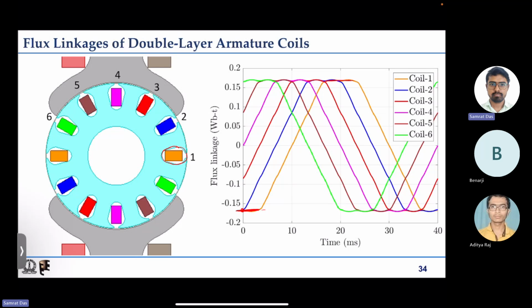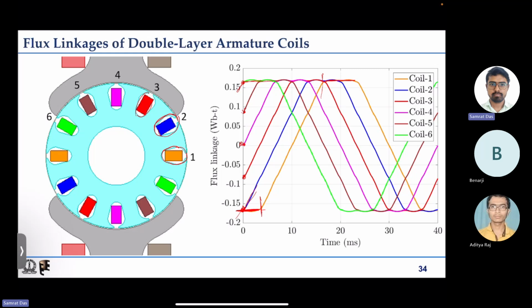Again here the induced EMF is 0. But when a coil is under any pole, say coil 2, you can see 2 at 0 location is here, it is rising. 3 is also rising here, 4 is also rising, 5 is also rising, 6 has just stopped rising, and hence after that it becomes almost stationary.